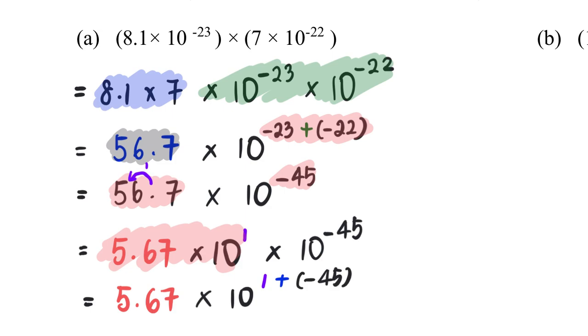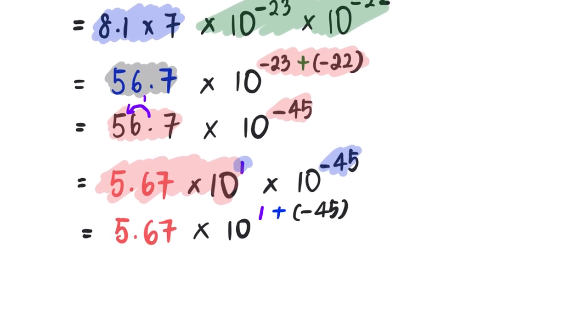Because the base is the same, I'm going to add the power together. This will give me a final answer of 5.67 times 10 to the power of, what is this? Negative 44. Okay, let's move on to part B.